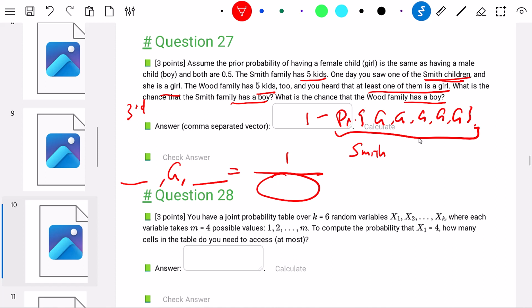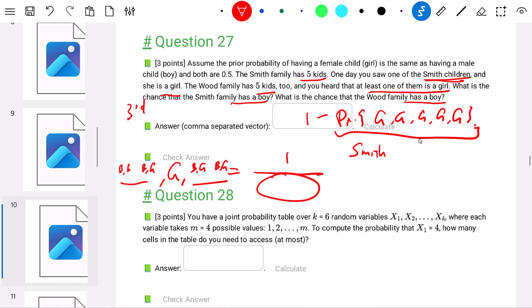The first child can still be boy or girl, the second boy or girl, and the fourth and fifth one as well. So if you count how many combinations we can have, for example, we can have B, G, G, B, G, or you can basically list out all the possible ones.